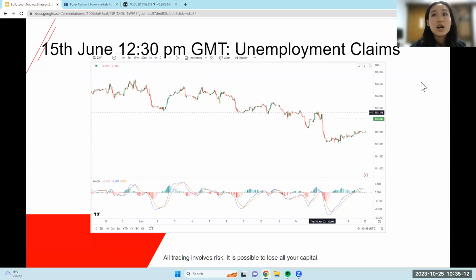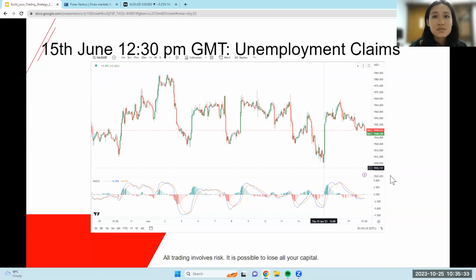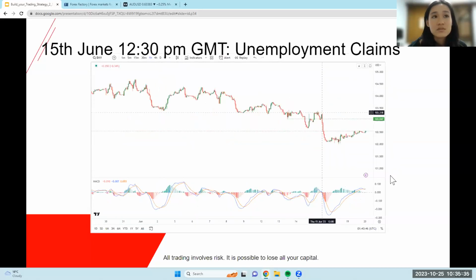So in this example, on the 15th of June, we had the unemployment claims, which was over here. You can see Thursday, 15th June at 12 o'clock, we can see this drop over here, because of the unemployment claims data. And this is on our DXY.